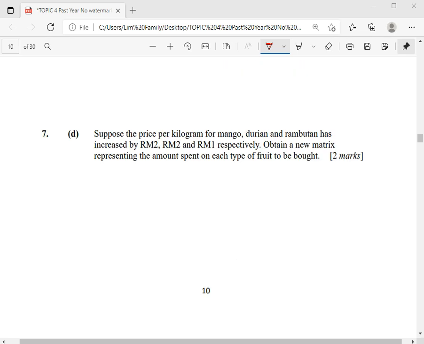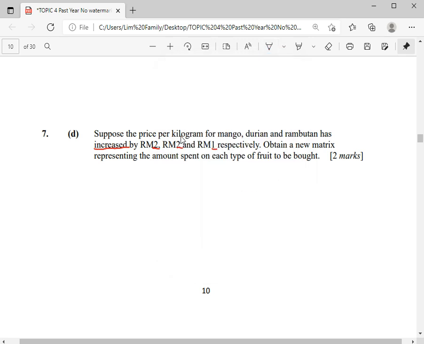Question D, they say, supposedly the price per kilogram for mango, durian, and rambutan has increased by 2, 2, and 1 respectively. We have to form a new matrix that represents the amount spent for each type of fruit.